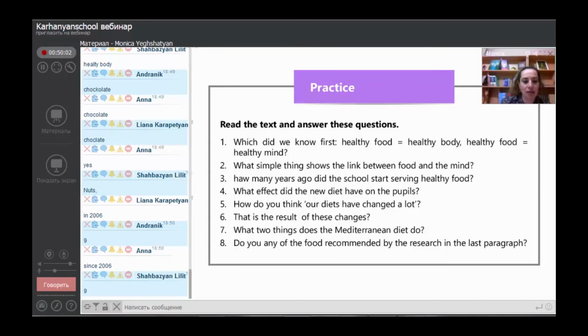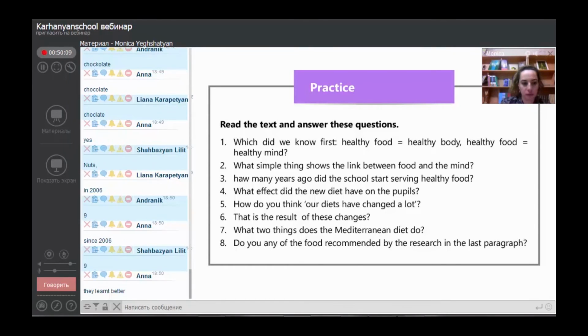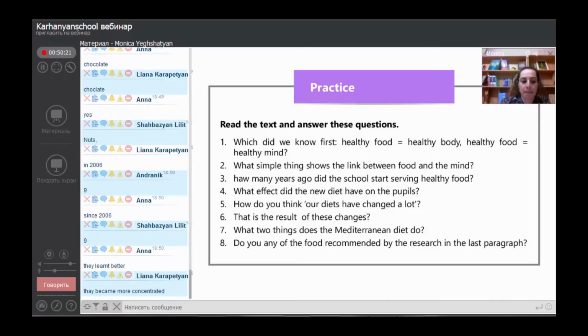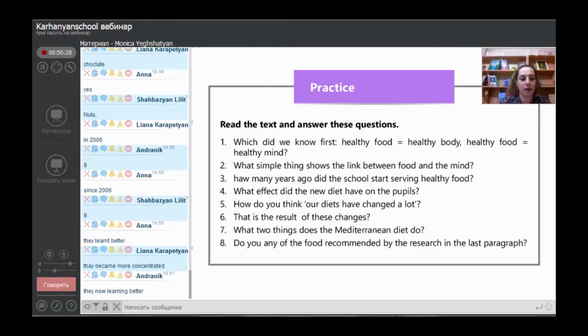What changes occur among the students, among the pupils? Yes, what else? They became more concentrated, good for you. And they became more calmer. They are learning better, they became more concentrated and more calmer. Now they are not nervous.